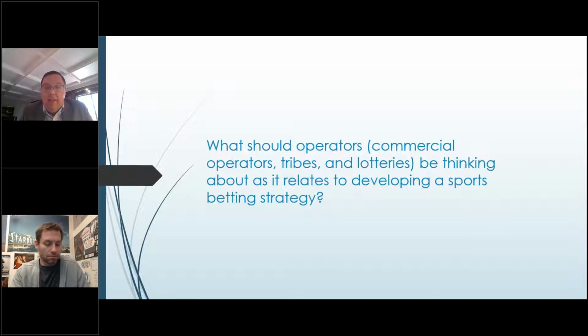And these are things that operators, certainly the commercial operators and tribal operators, should care a lot about. So even if you're unsure of whether this is a route that you want to pursue, I think it's really important to get in front of this and start having those conversations with the legislators.